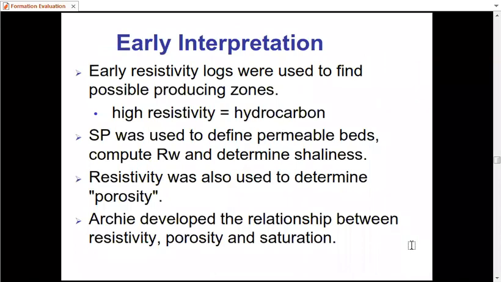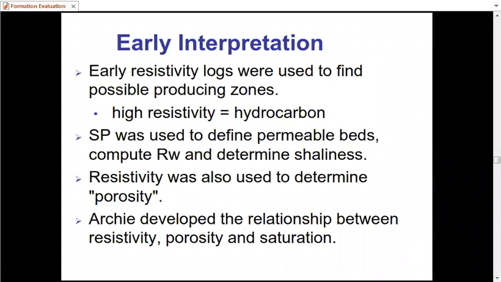When we are talking about quick log interpretation, or early interpretation, the early resistivity logs are used to find the possible producing zones. When you are dealing with a resistivity log, a high resistivity may equal hydrocarbon.